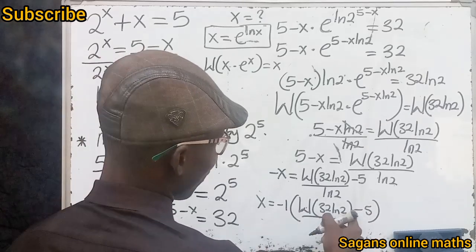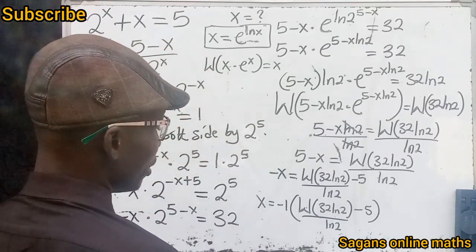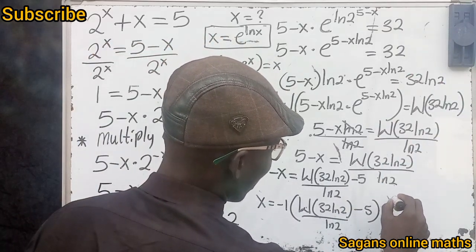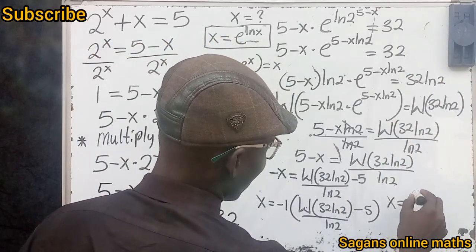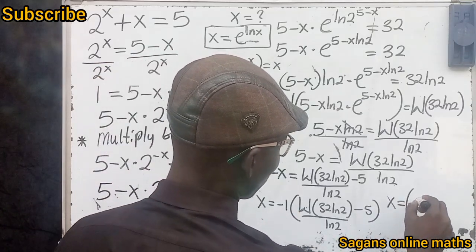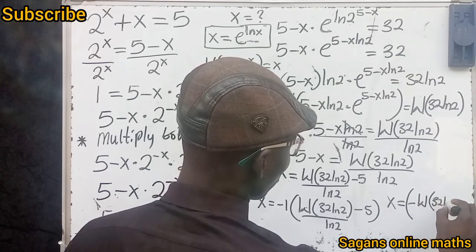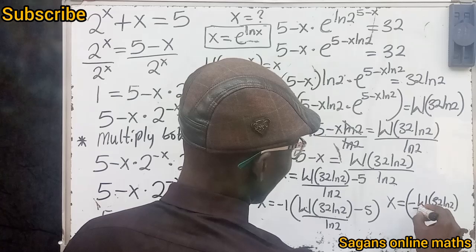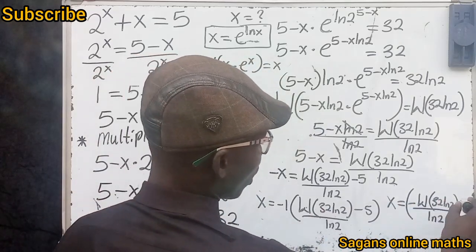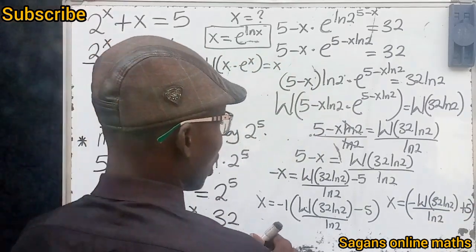Now if we multiply by minus through everything, x equals minus the Lambda W function of 32 ln 2, divided by ln 2, and minus 1 times minus 5 gives positive 5.